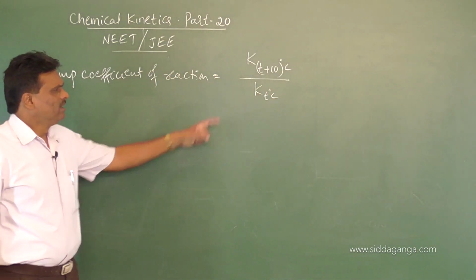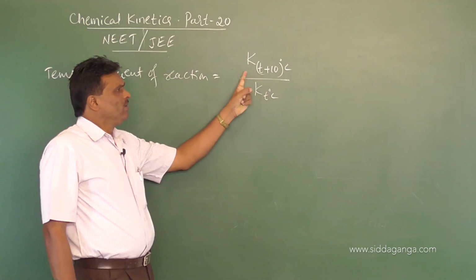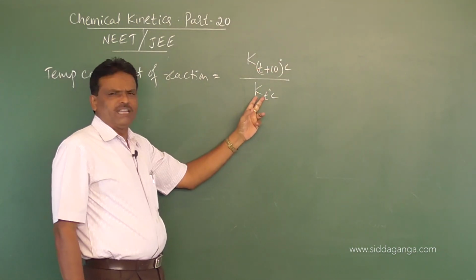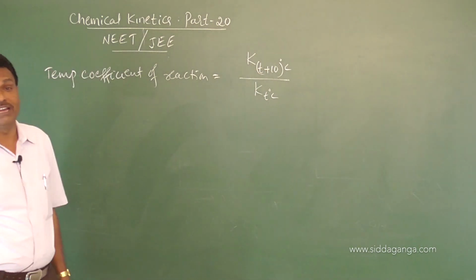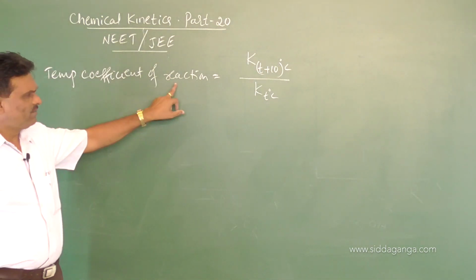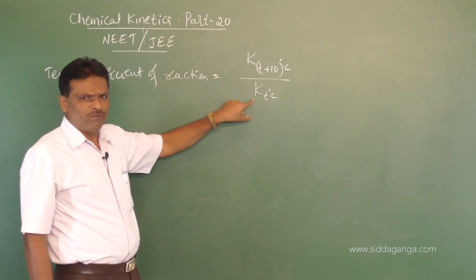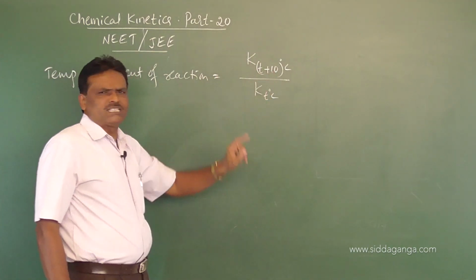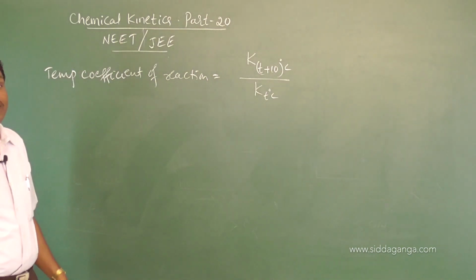It means that it is defined as the ratio of velocity constant at some temperature to the velocity constant at 10 degree lower temperature.